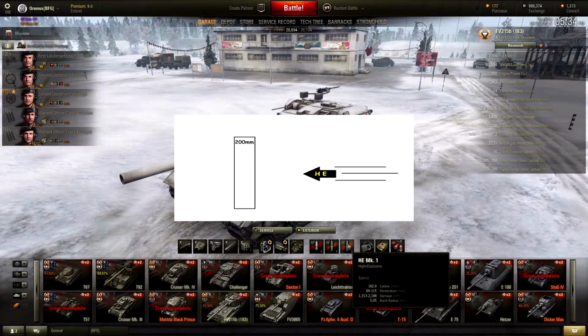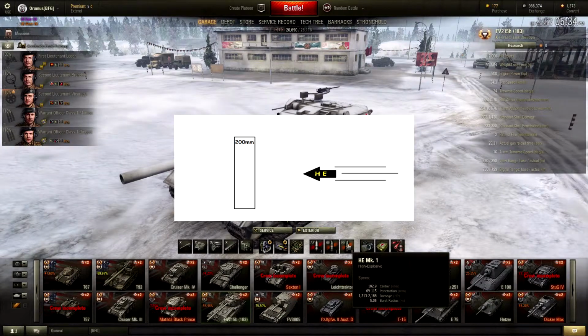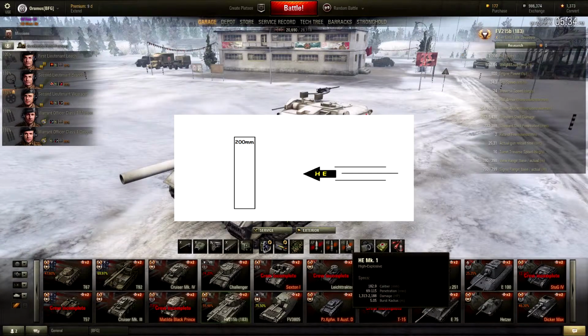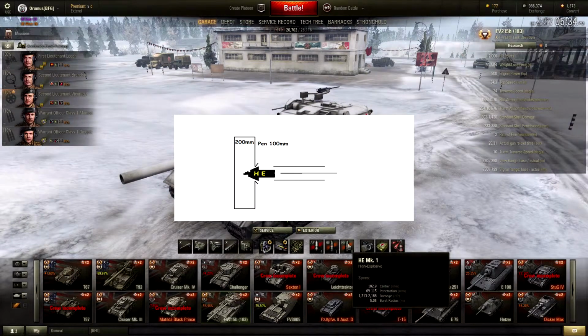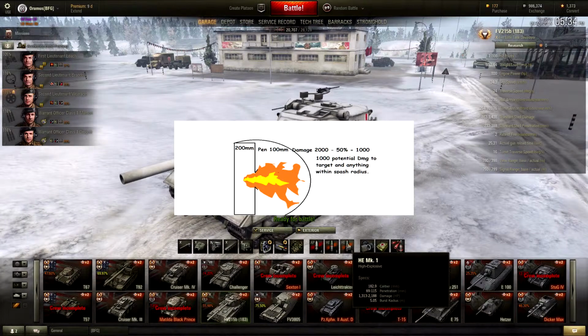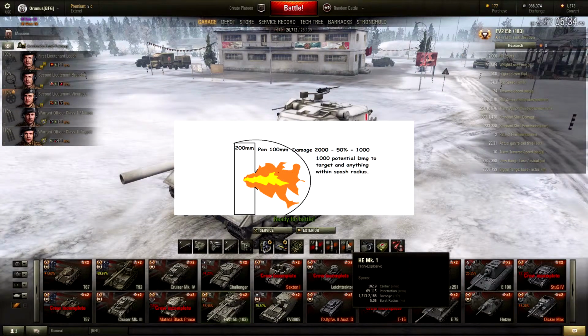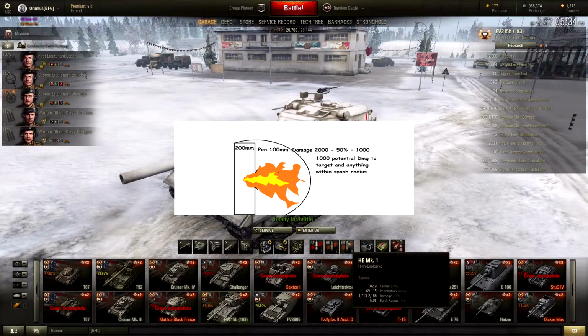And let's say you're shooting at a tank that has effectively 200 millimeters of armor facing you. Well, when your shell hits, it's going to negate 100 millimeters of that 200 millimeters of armor. Then 50% of your damage, like I said before with the blast on the ground or missing, is negated completely. So let's say you still rolled 2,000 damage. So 1,000 is gone out the door immediately.